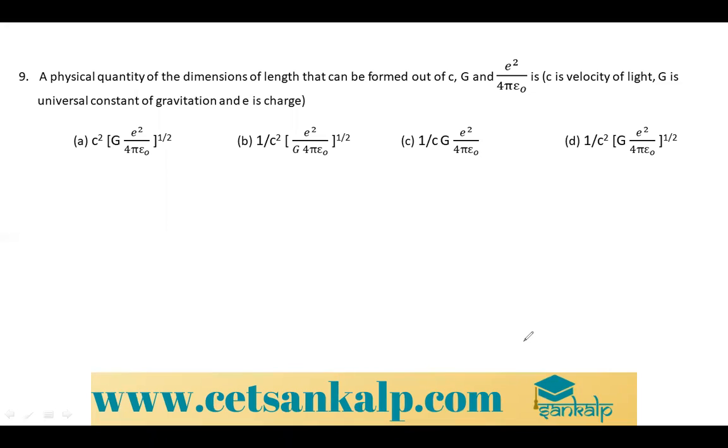As they have given, L is proportional to c to the power a, G to the power b, then e square divided by 4 pi epsilon naught, the whole to the power c.